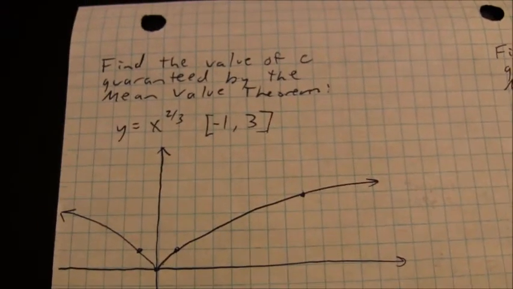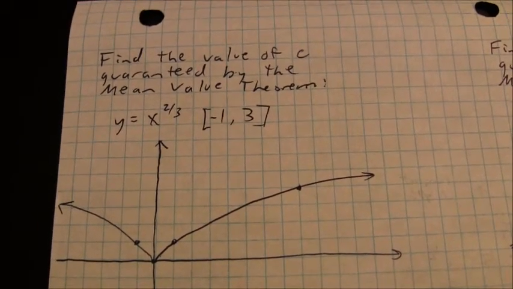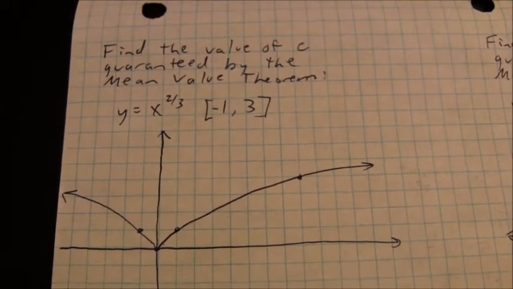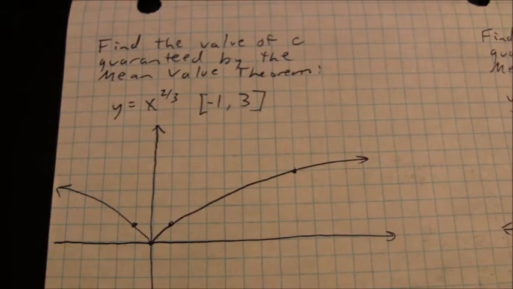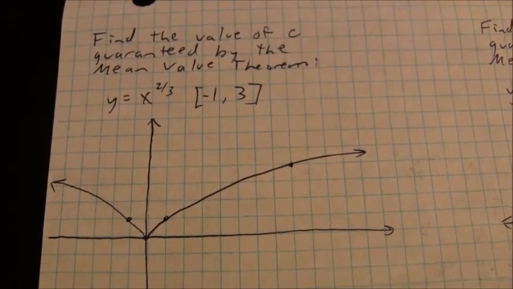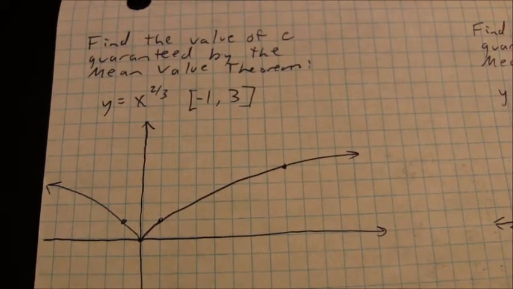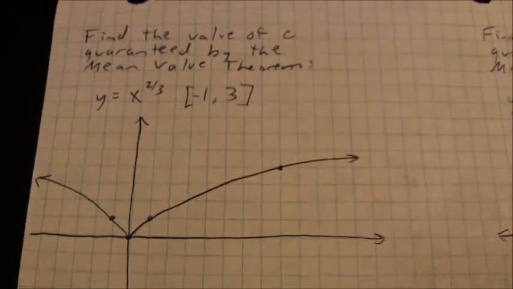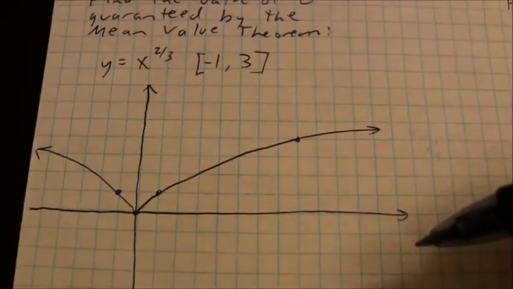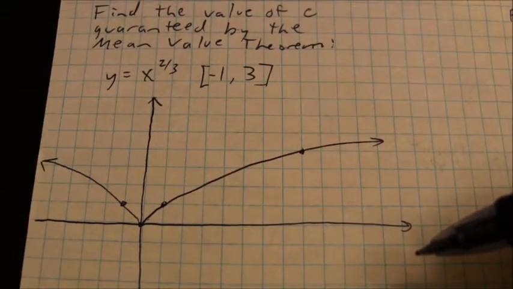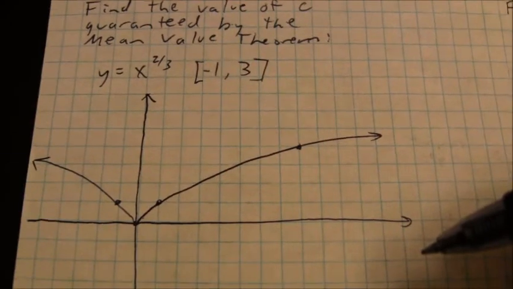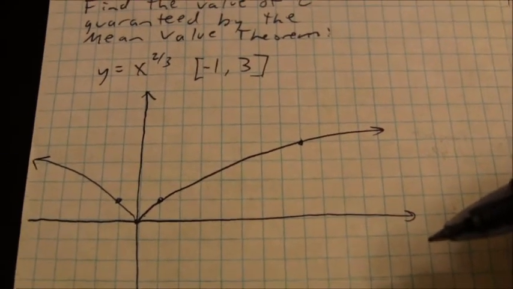Here are two other brief examples of the mean value theorem. First of all, this question asks me to find the value of c guaranteed by the mean value theorem of y equals x to the 2/3 power on the interval from x equals negative 1 to x equals 3. And take a look at what the graph looks like in this case. You're basically taking cube roots squared, if you want to think about what a 2/3 power does. And the graph looks like this.